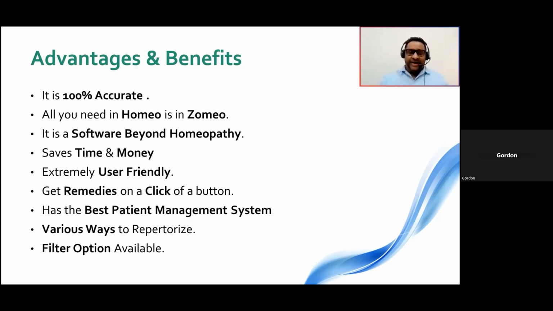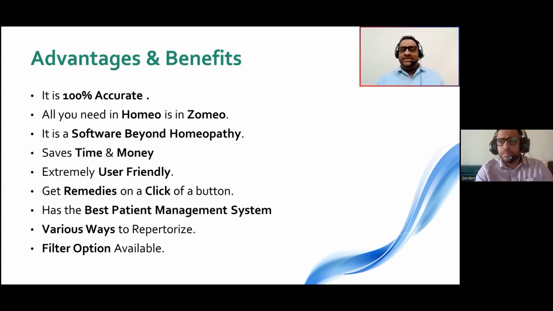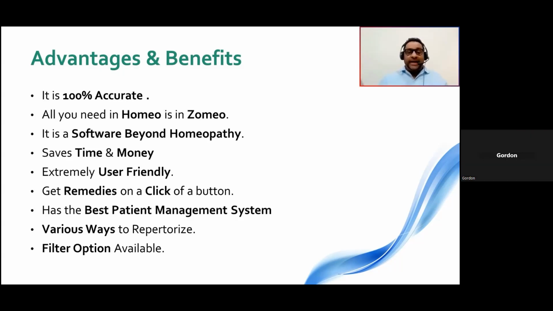So when you buy a software, you need to make a decision that you take a software which is extremely user-friendly. When you switch it on, you're not using your mind to figure out how to use it, but you're using your mind to understand how to use it effectively. Because Zomeo is extremely user-friendly. Just think about this. You can get remedies on a click of a button. What more can you ask for?